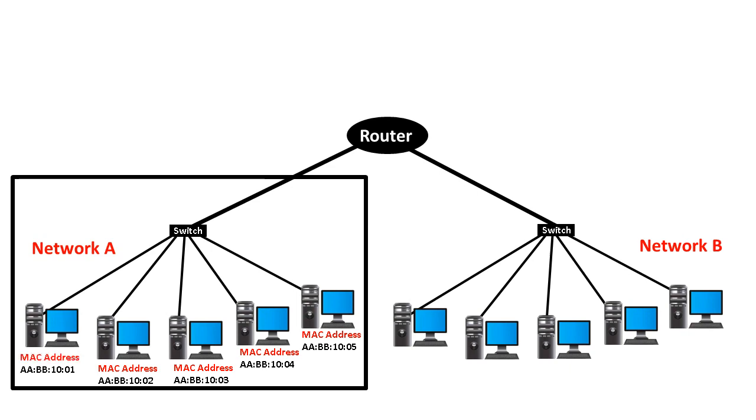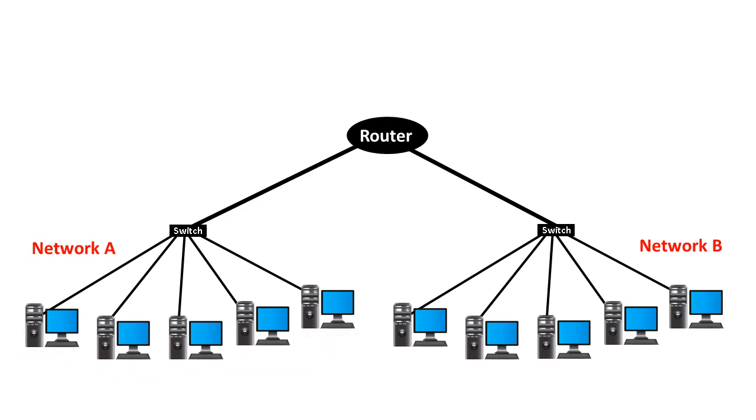But a switch cannot send data packets from a computer of one network to a computer of another network, because a switch cannot understand IP addresses, whereas a router understands the IP address along with the host and network address. Therefore, a router can send data packets from a computer of one network to a computer of another network by identifying the IP address of networking devices connected to it.